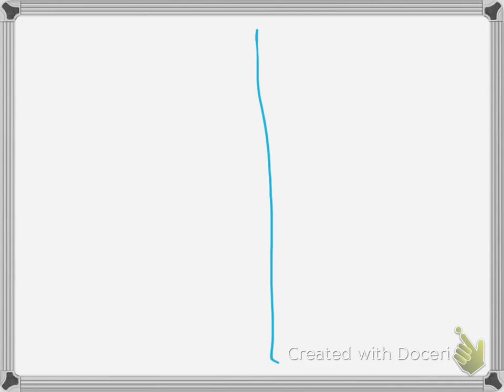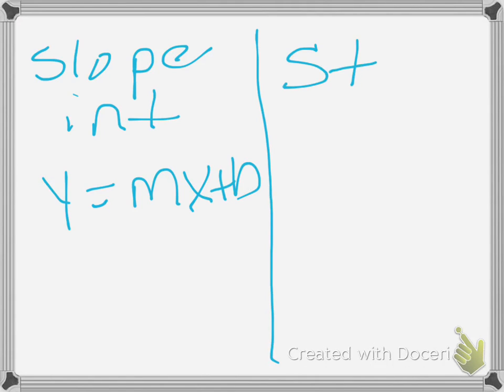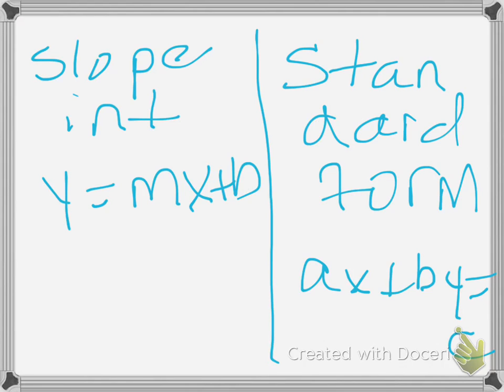One can be written in what we call slope intercept form, which is y equals mx plus b. And then you have what we call standard form, which is ax plus by equals some c. That c is a constant.